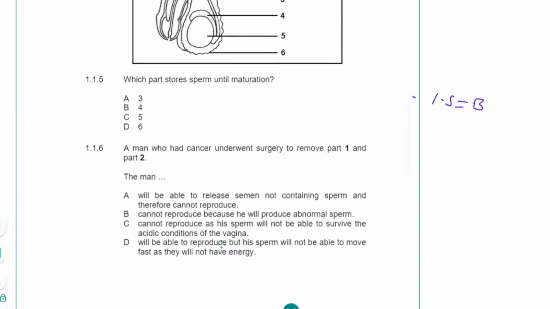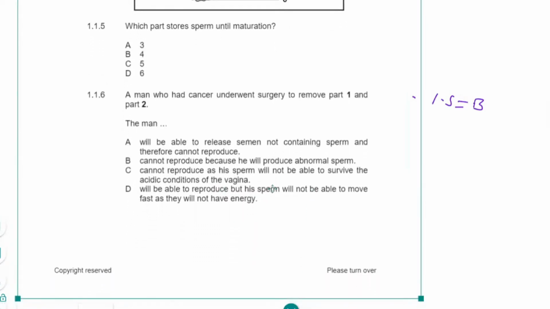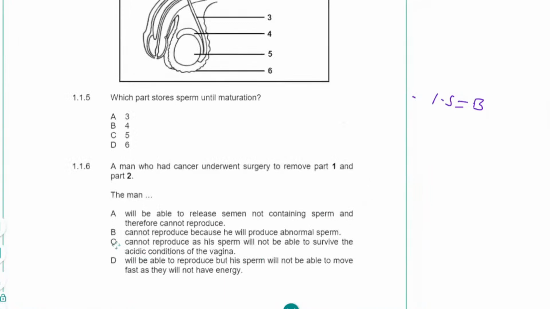Sometimes the acidic nature is fine, but the sperms are not strong enough, or they don't have enough energy to swim across the Indian Ocean. I mean from the vagina to the fallopian tube, because they require a lot of energy. So the answer here is going to be C.